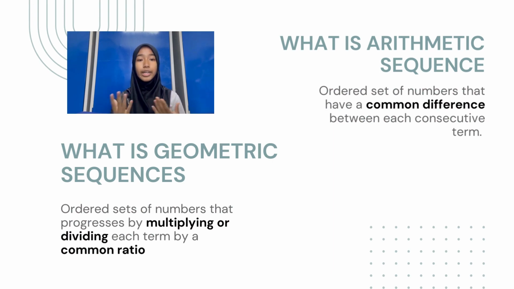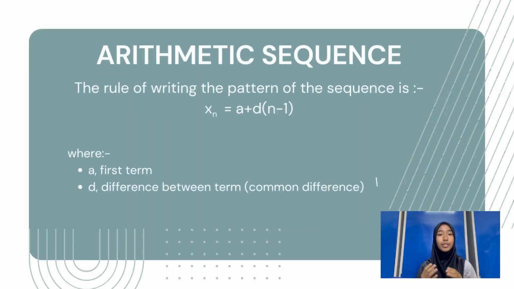So, do you know what arithmetic sequences are? An arithmetic sequence is an ordered set of numbers that have a common difference, which is d, between consecutive terms. So, let me explain further. The rule in arithmetic sequences is writing the pattern of the sequence like xn equals a plus d times n minus 1.